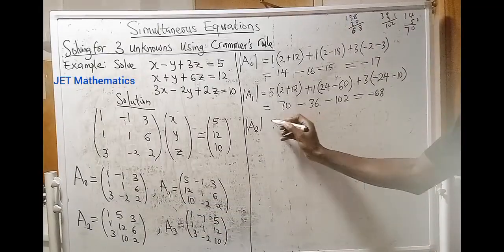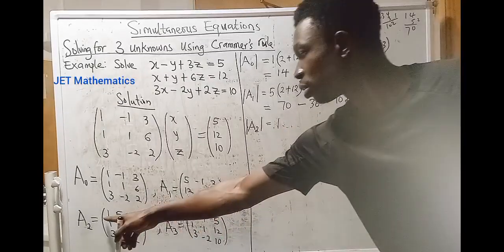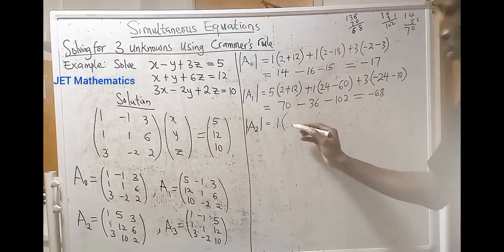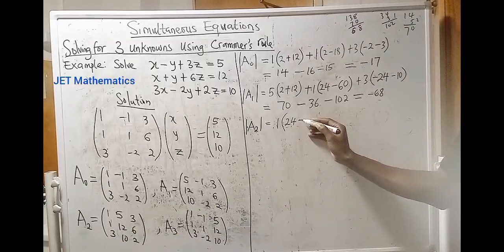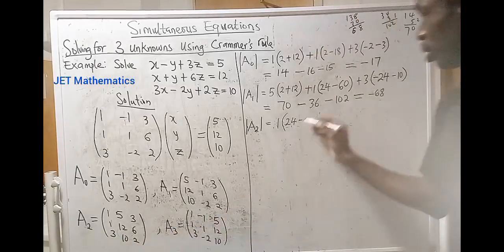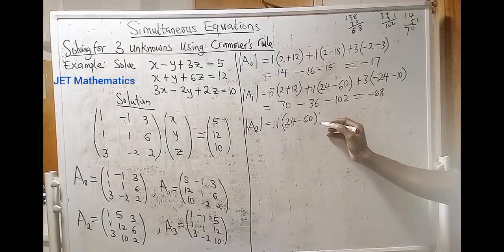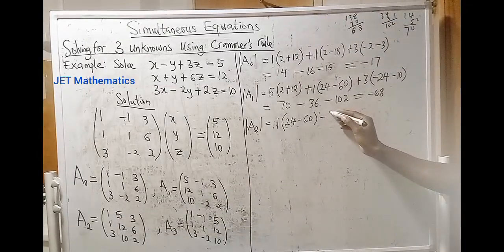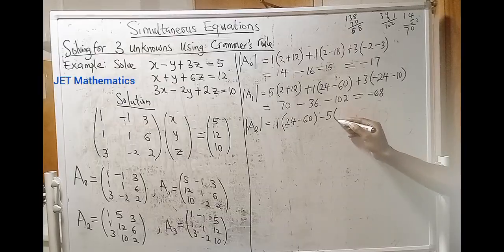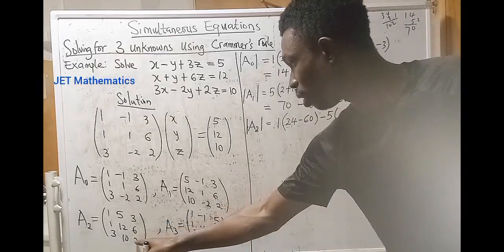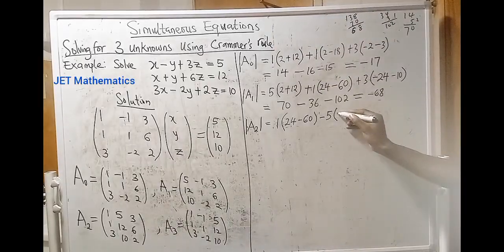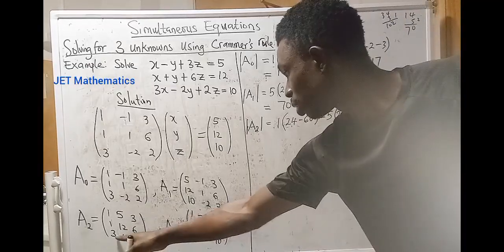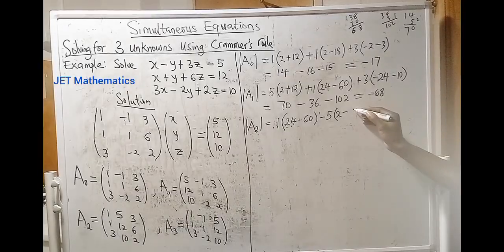So we start with the first element, 1, positive 1, and then we have here 2 times 12 is 24, minus 10 times 6 is 60, minus, this is a positive number, so it's minus 0 minus 5, into, we have 2 times 1 is 2, minus 3 times 6 is 18.